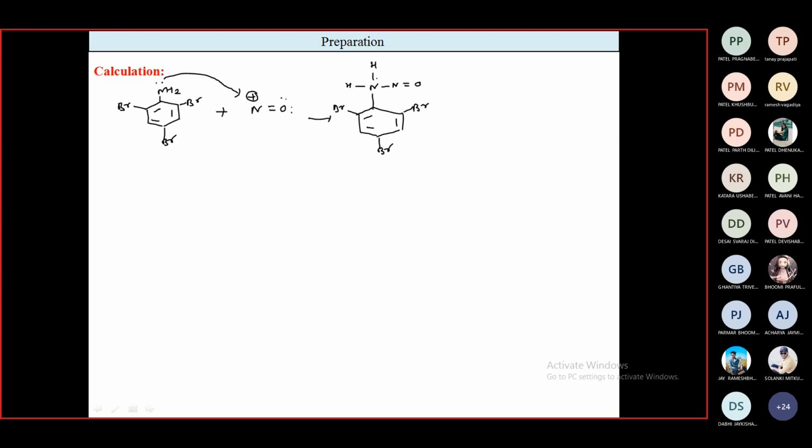On removal of proton, charge gets removed. It is NH, this one. This is on reaction with water molecule.